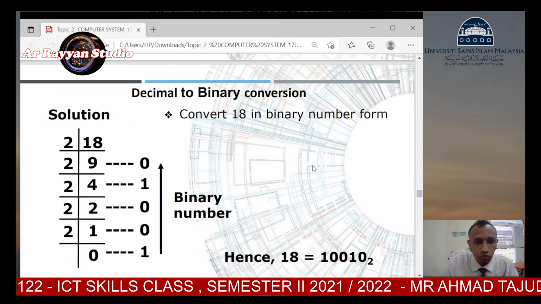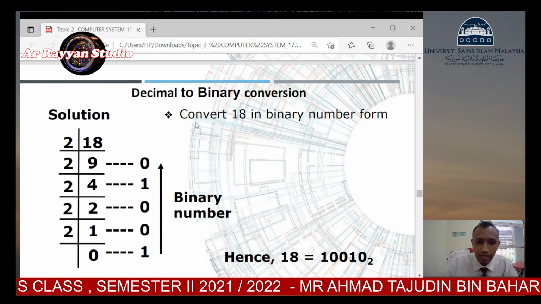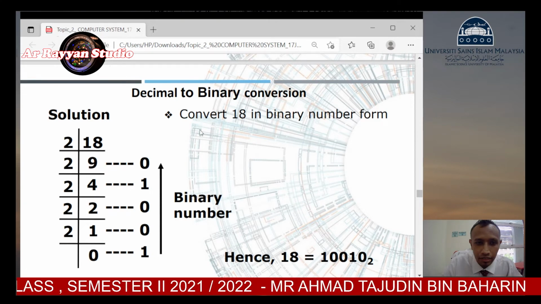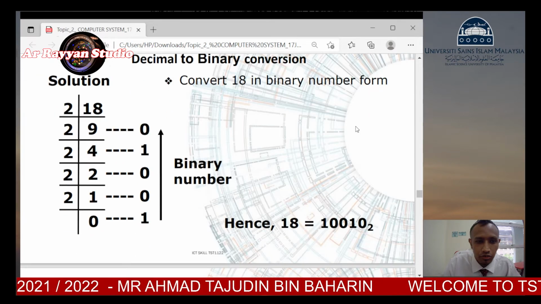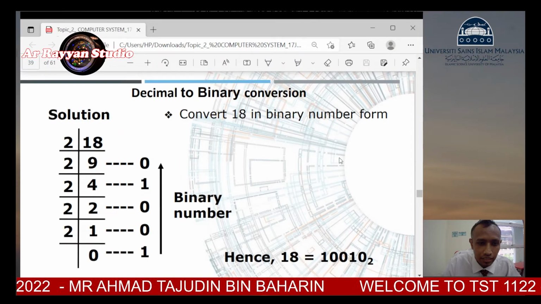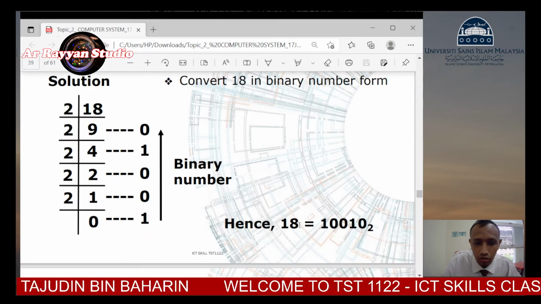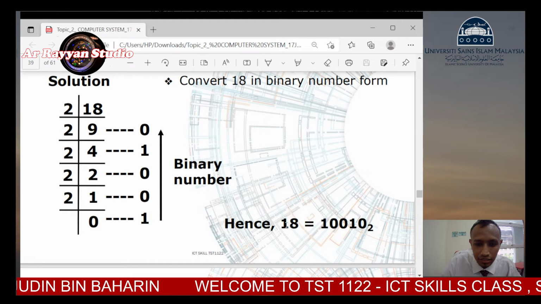Okay, to convert from decimal number to binary number, alright? Convert 18 to binary number, alright? So dekat sini kita ada decimal 18.